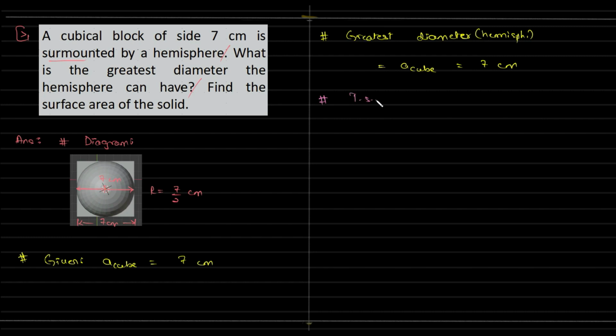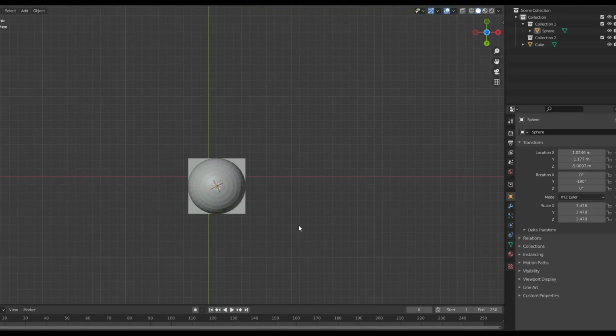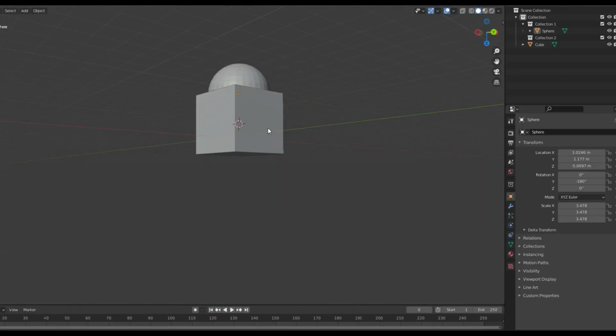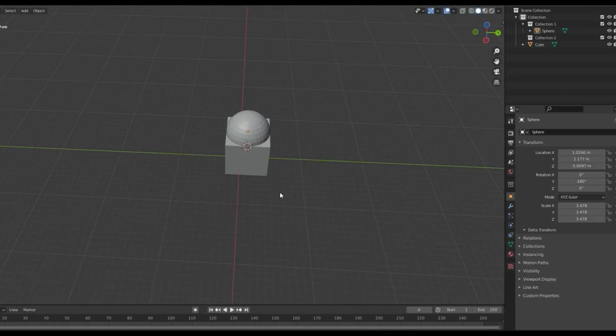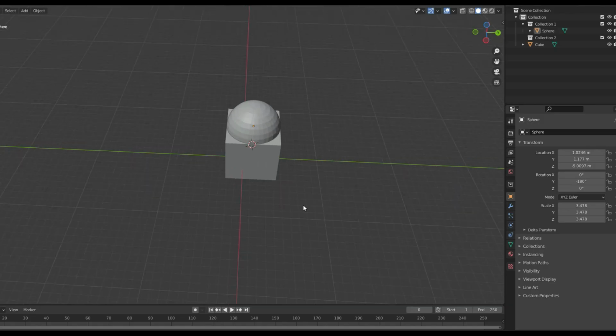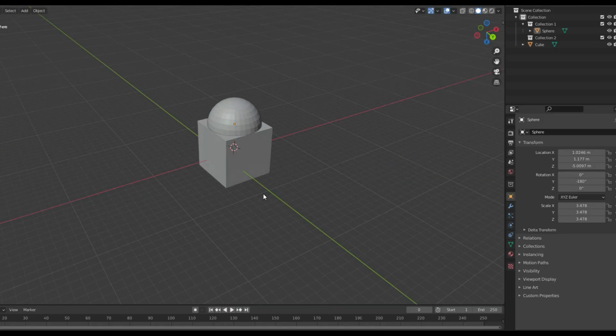So total surface area of the solid. This is where it gets tricky. So let's just not make it too complicated. Let's just look at it as a part by part scenario. That is, first we have the cube.